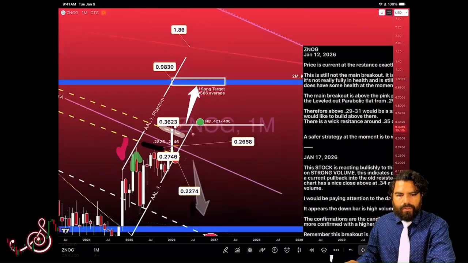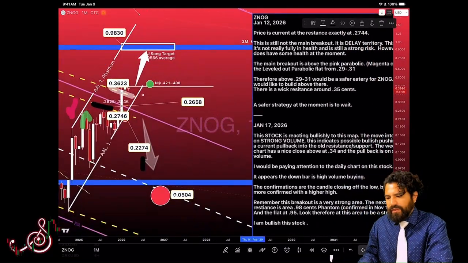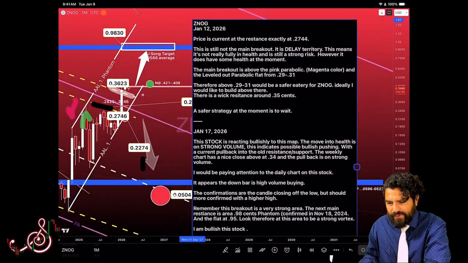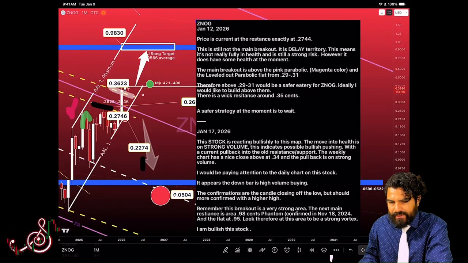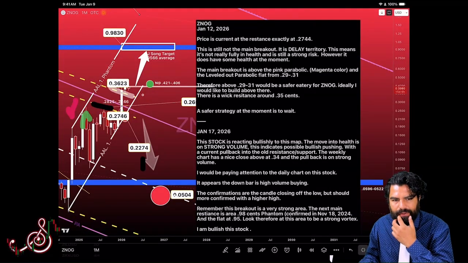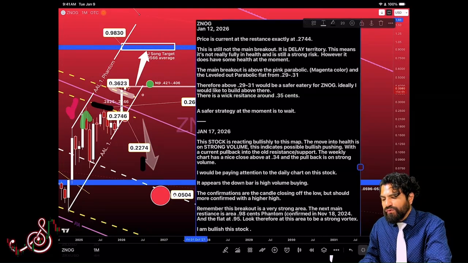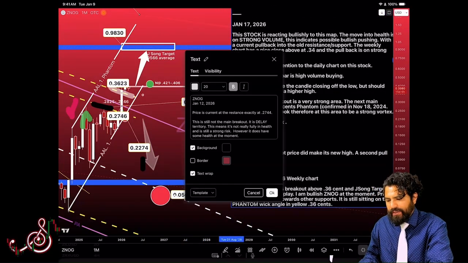Okay. iPad says, can it crash to 44 cents? Crash to 44 cents? If it's at 39 right now. Can it crash to 4 cents? Oh, okay. I don't know.